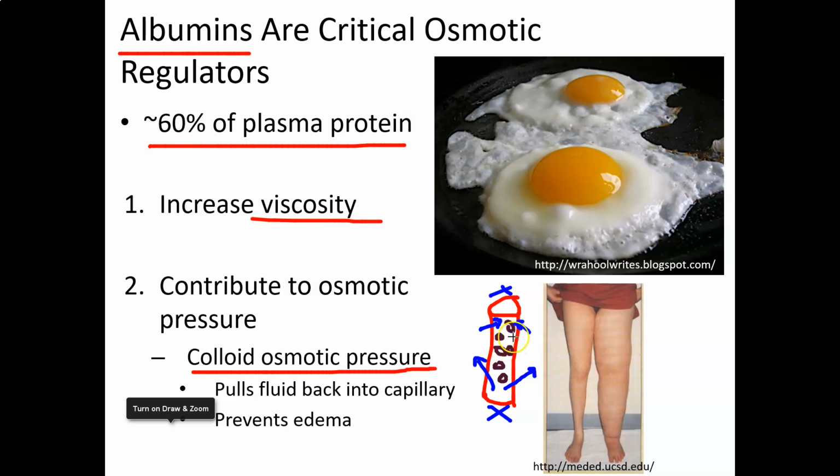If that water is not returned because we don't have enough of these blood proteins, then it starts to accumulate in the interstitial fluid out here, and that causes edema, swelling, things like that. This person does not have this condition here probably, but just looking at this leg, right, you can see the edema and swelling that's there from that.